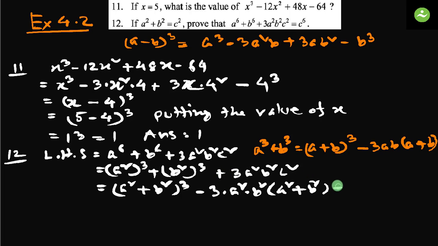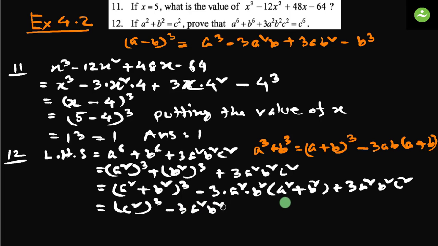And we should not forget this part. There was another part, that was 3a square b square c square. Equals, now putting the value of a square plus b square, what do we get? It is c square. So (c square) whole cube minus 3a square b square into c square plus 3a square b square c square.